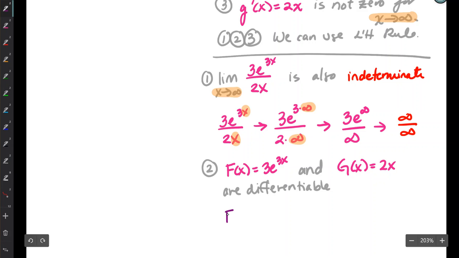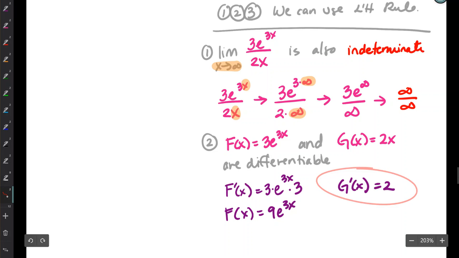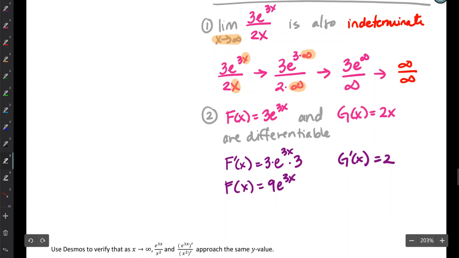Derivative of the numerator is 3 times e to the 3x, chain rule times another 3, 9e to the 3x, and the derivative of my denominator is just 2, which is never 0. In particular, it's not 0 for x being really big and positive.